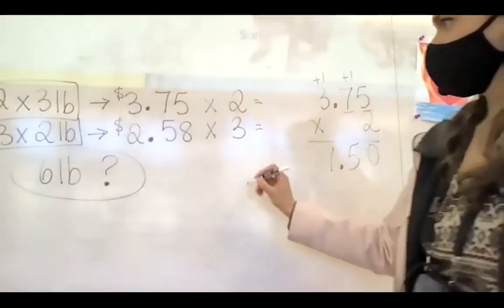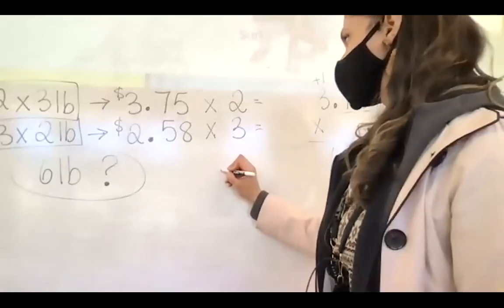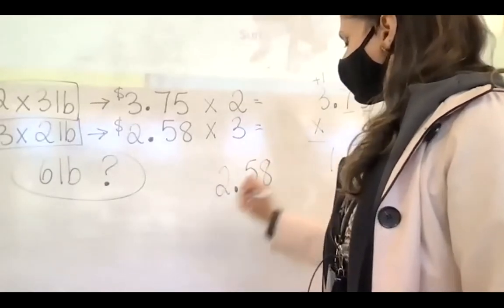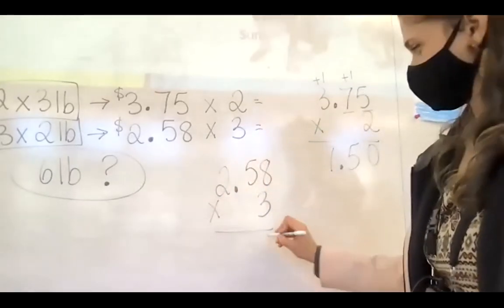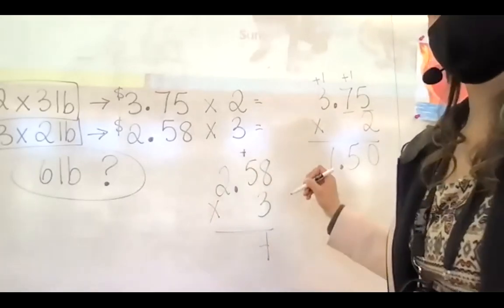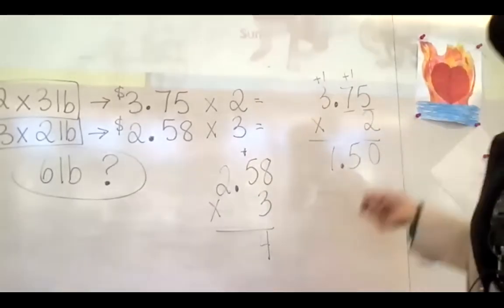Let's figure out how much 3 2-pound bags will cost. $2.58 times 3. 8 times 3? Okay, I didn't see the part you wrote on the multiplication problem. Yeah, my marker's dying a little, sorry.